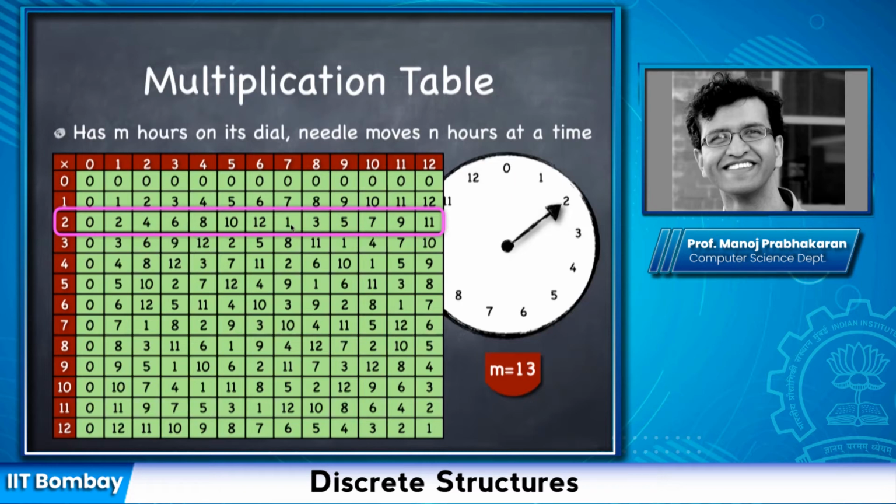So at time step t, it is at position nt modulo 13. So 14 has remainder 1 with respect to 13, that's why it's at position 1. So this multiplication table is exactly telling you the positions of the needle at various time steps, where the row of interest for us corresponds to n, the number of hours that the needle moves in a single step.